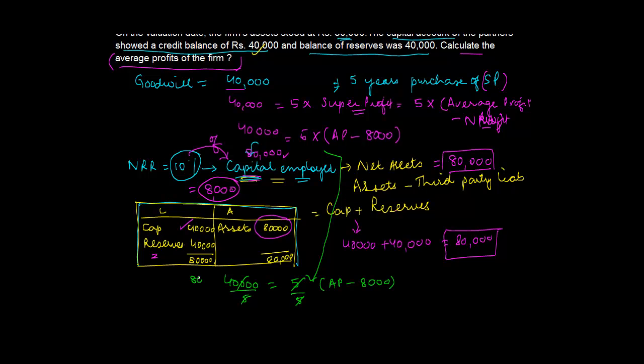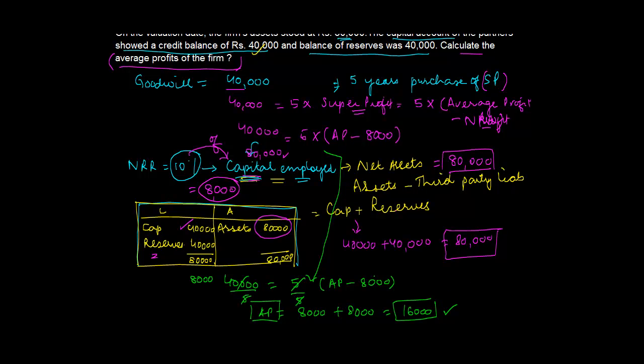This will give me 8,000. Or average profits is equal to 8,000 plus, when you take this minus to the other side, you will get plus 8,000 is equal to 16,000, right? So your average profits are 16,000.